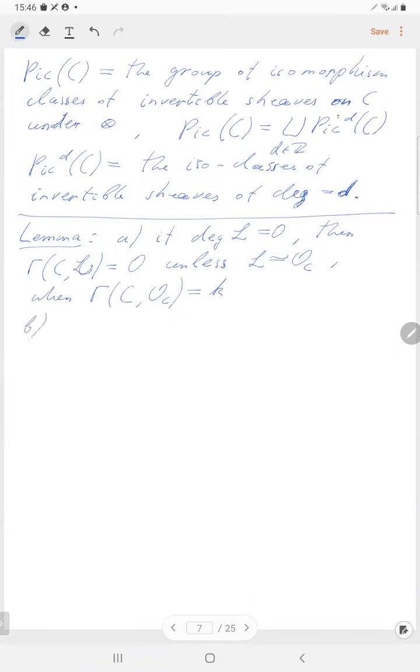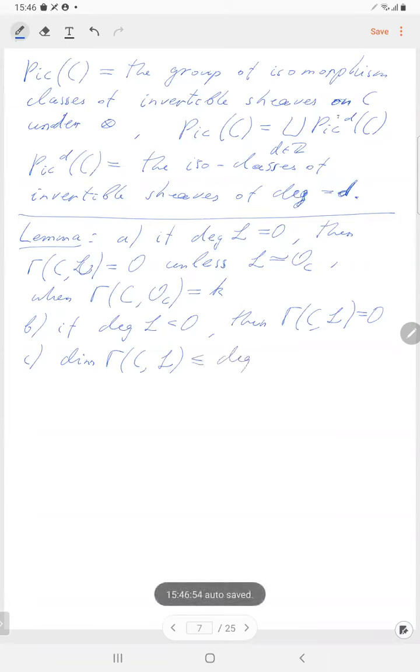Now, the second claim is if the degree of L is negative, then there are no sections whatsoever. And if the degree is positive, then there are not too many global sections. That is, the dimension of global sections is at most the degree of L plus 1.